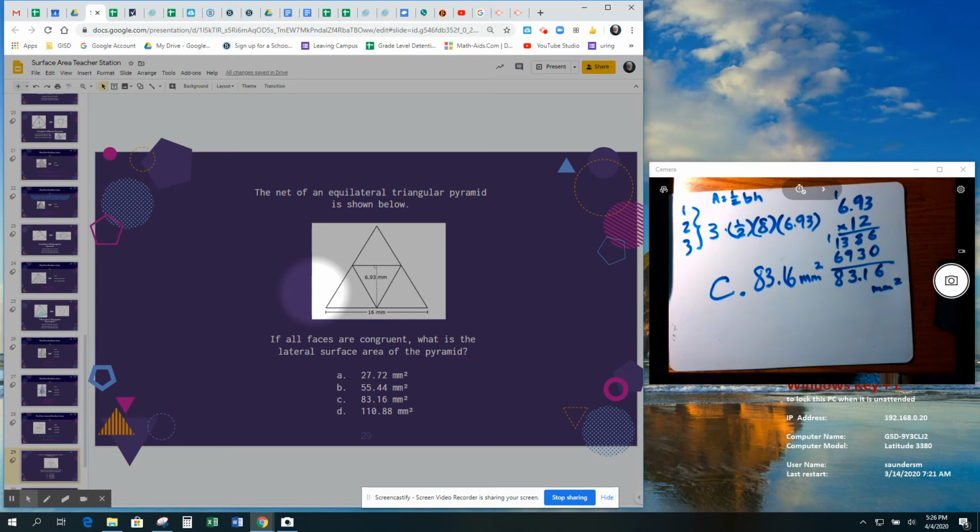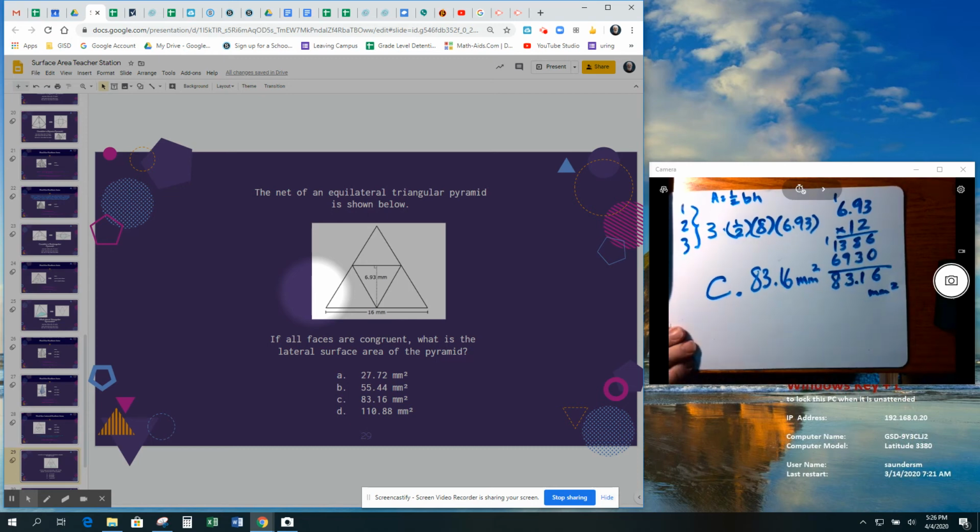Okay? You want to think about that logic again? Go back up a minute or two and look at how we broke down this net picture. Okay? The key was, it says it's an equilateral triangle, which means all the sides are the same.